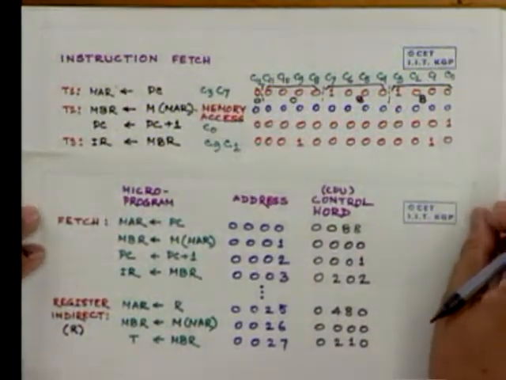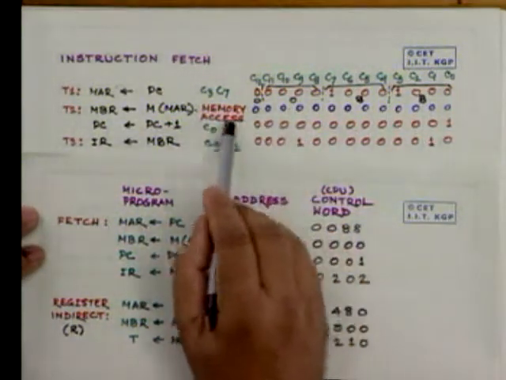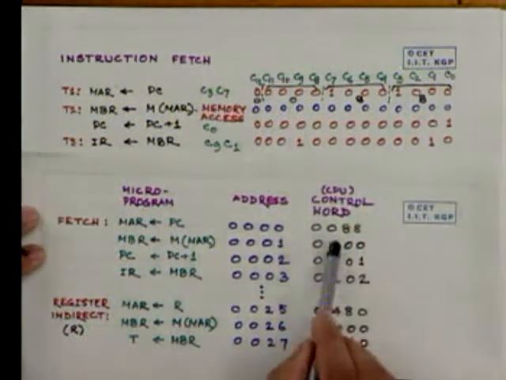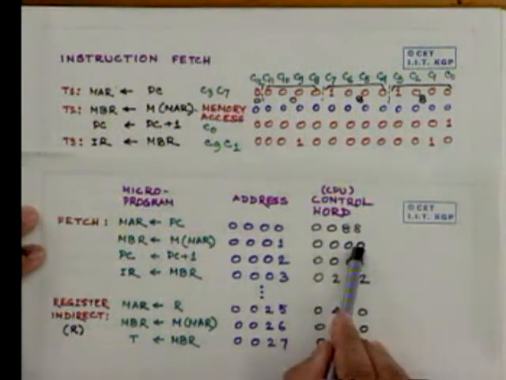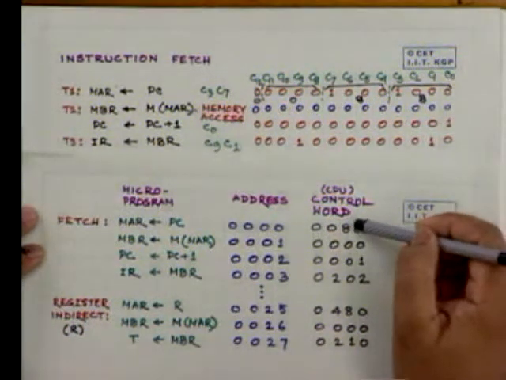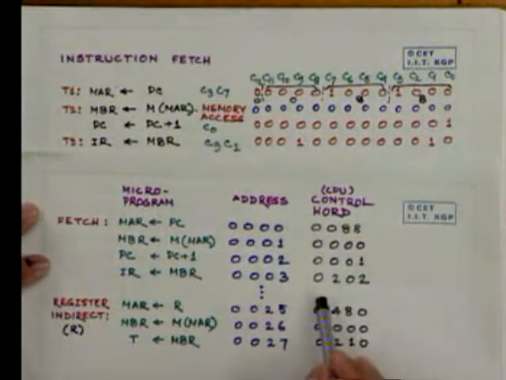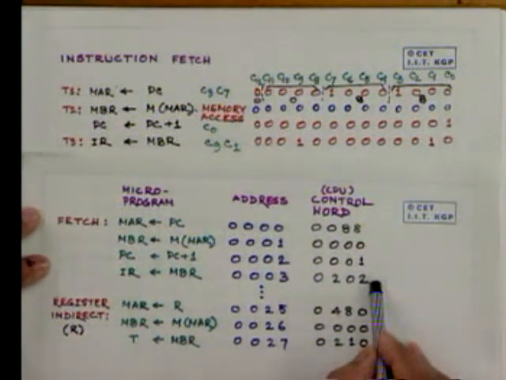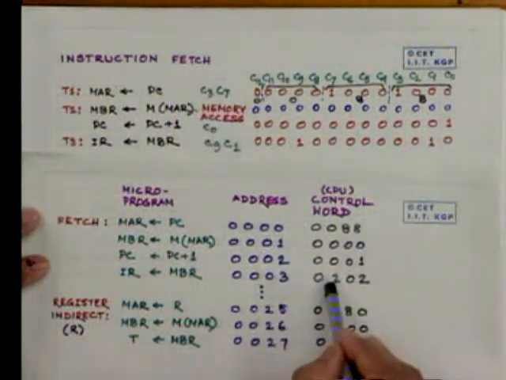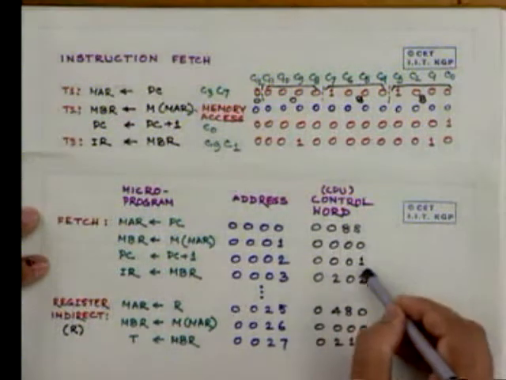See, for these four I have taken it so that, as far as memory access is concerned, all the control signals will be 0, and therefore I have taken it to be all zeros here. Now, you see that these control words, which we can take to be machine level instructions, can be kept in a memory.